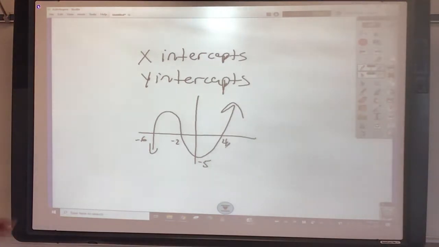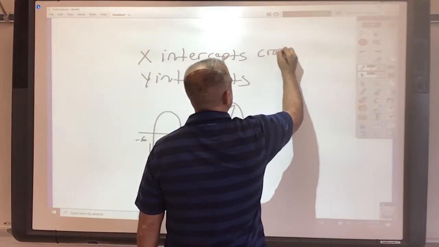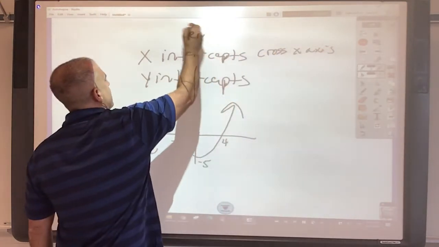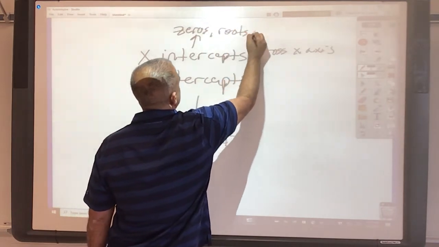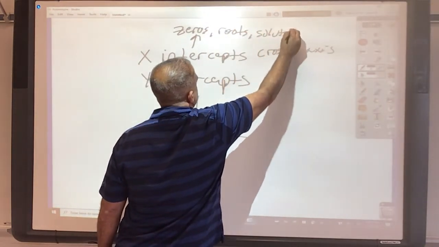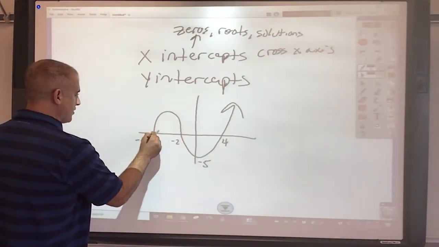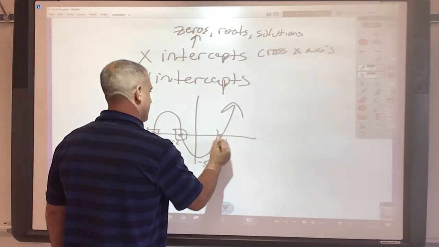Okay? All right, now, I think everybody knows an x-intercept is where it crosses the x-axis. Okay? Another way of saying x-intercept, the same thing, are zeros, roots, solutions. All of those mean the same thing. Okay? So in this case, this crosses the x-axis at these 3 points.